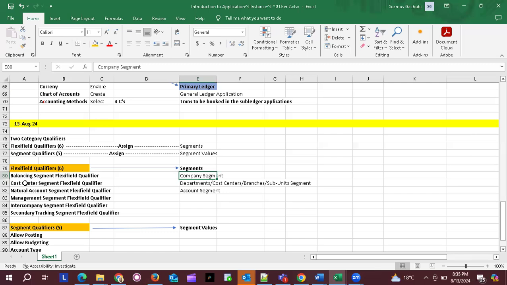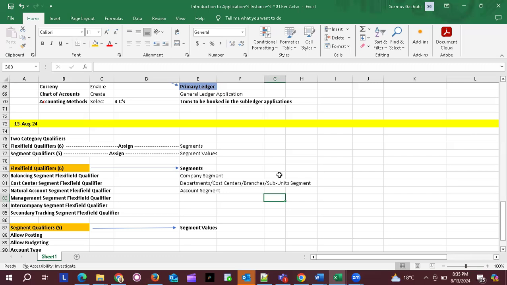So my question was, if I assign cost center to account segment, what characteristics will the account segment have? It will bear the characteristics of a cost center Flexfield, because that's what defines the characteristics for the segment.